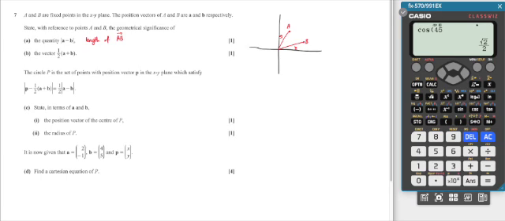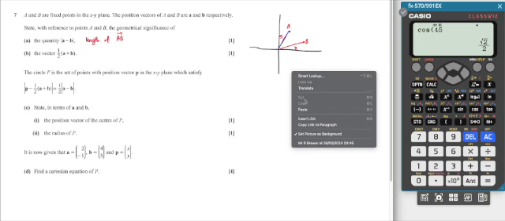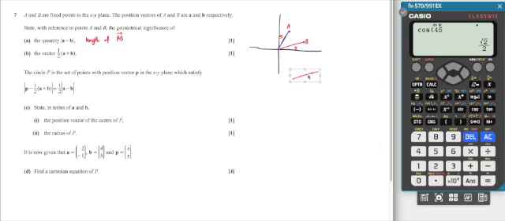So let's pop in a different colour. We're going to do A, and then can I copy B and see what that looks like at the end of it? Copy that and paste that. So if I paste that, we get along there.